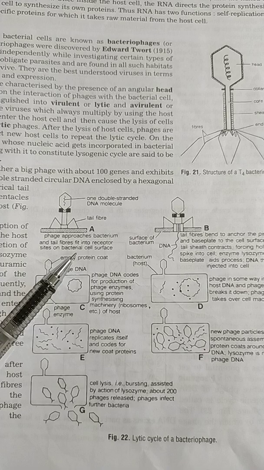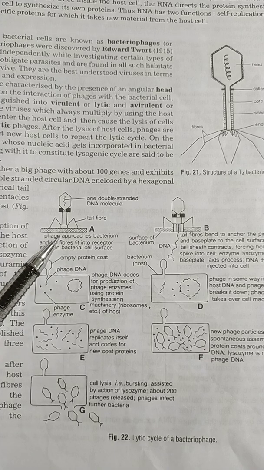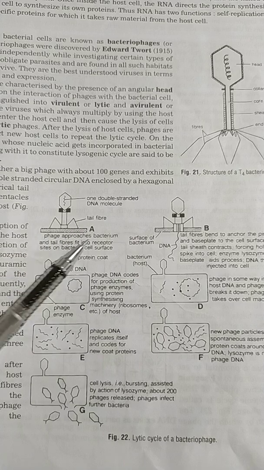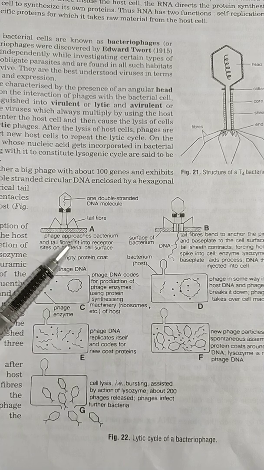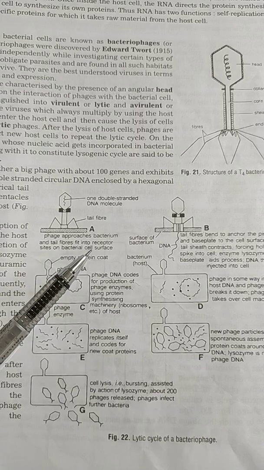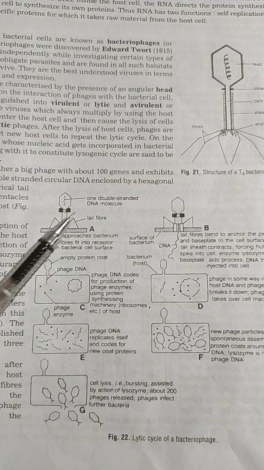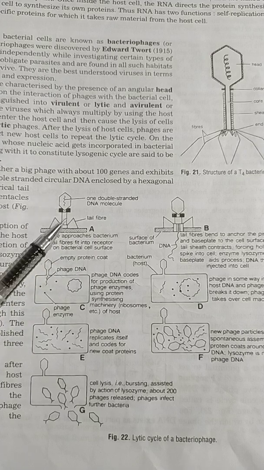In the lytic cycle, the adsorption of the phage on the surface of the host is facilitated by secretion of an enzyme, lysozyme. It comes and sits on the wall of the bacteria. Now what does the virus do?